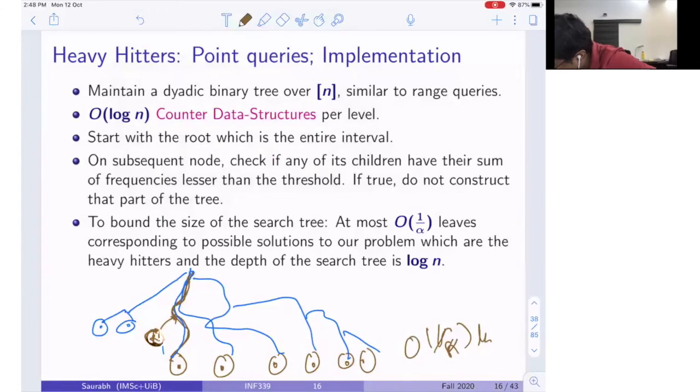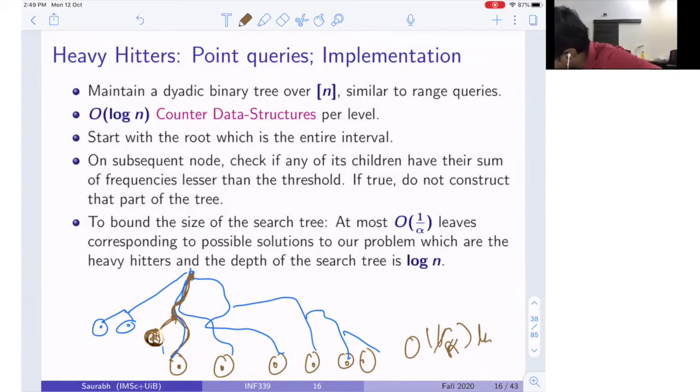Up until now, you have followed this tree because we have the root. You never move beyond the root. So for all the extra queries you ask, you charge it to the parent. Since it's a binary tree, the unnecessary questions which you have asked are proportional to the number of nodes in this search tree.